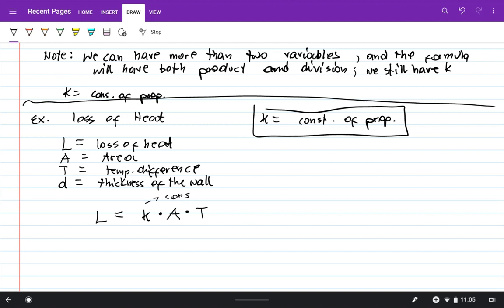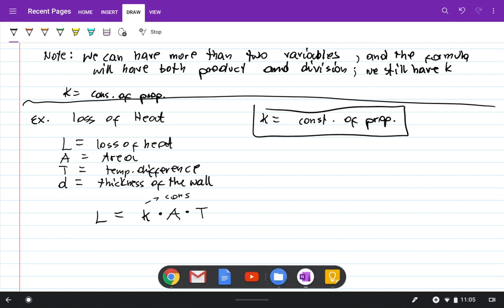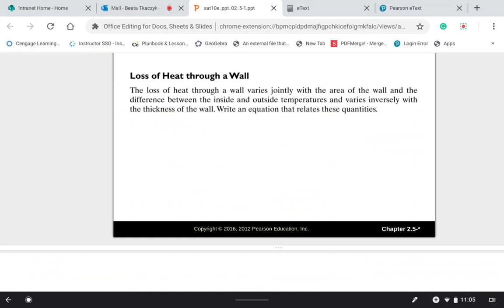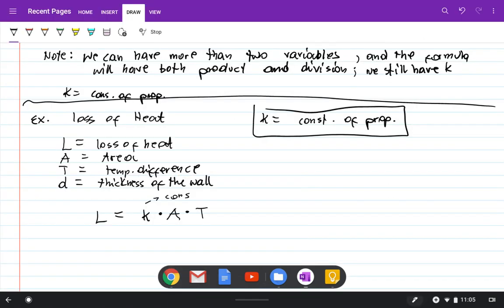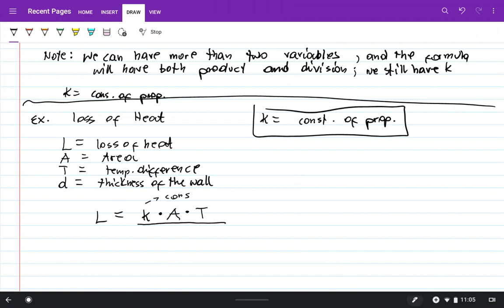However, that's not the end. If you continue reading the problem, they tell you it also varies inversely. When you see the word inversely, that means put the fraction bar with the thickness of the wall. For thickness of the wall, I introduced variable D. So now, because of that, it's time to put the fraction bar, with the thickness of the wall.